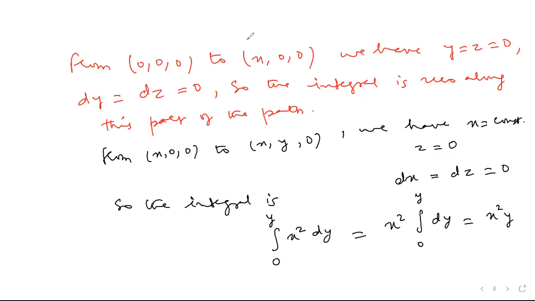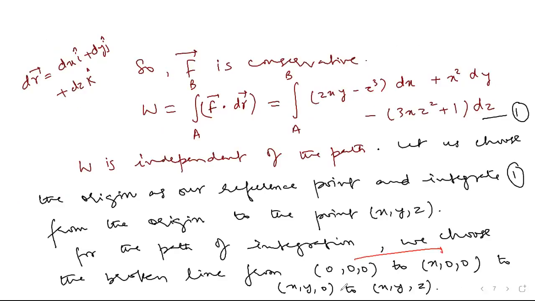Let me write it. This is for first part. This is for second part. We have third part. Third part of the path is x, y, 0 to x, y, z.